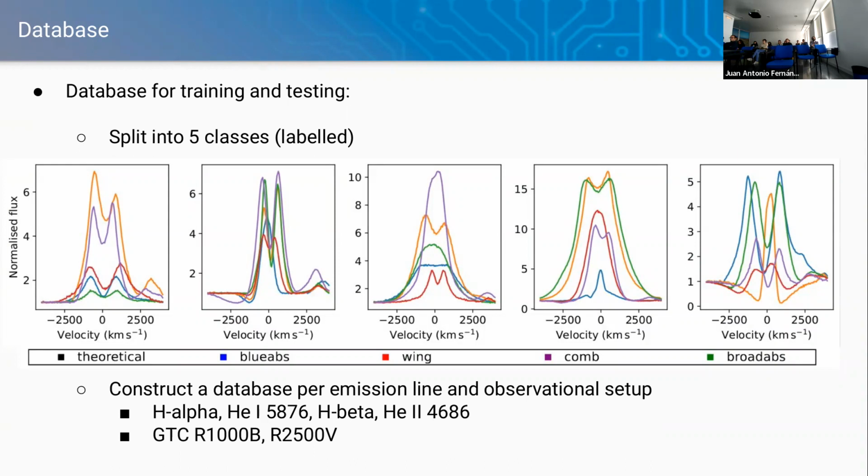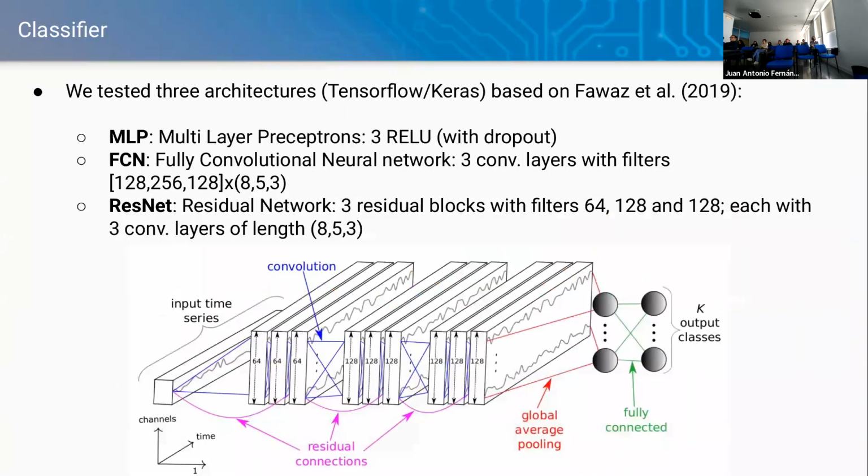Okay, so this is about the dataset, and then let's move into the actual classifier. We tried 3 different architectures that are typically used for time series analysis, because at the end of the day, a spectrum you can also understand as a time series. It's just a one-dimensional dataset that has some order. So we tried a multilayer perceptron, a fully convolutional neural network, and a residual network.